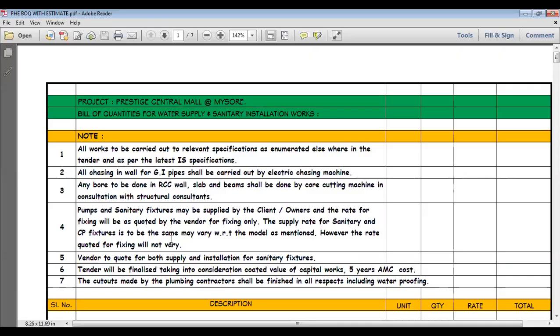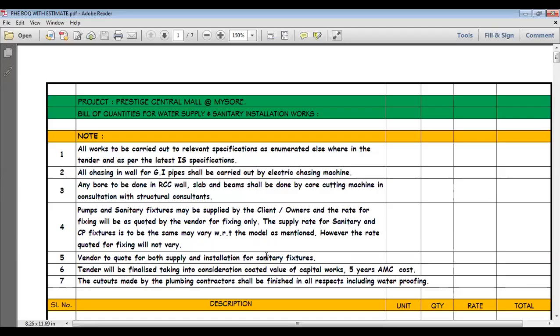Pumps and sanitary fixtures may be supplied by the client owners and the rate for the fixing will be as quoted by the vendor for the fixing only. The supply rate for sanitary and the CP fixtures is not to be the same; it may vary with respect to the model as mentioned. However, the rate quoted for the fixing will not vary.